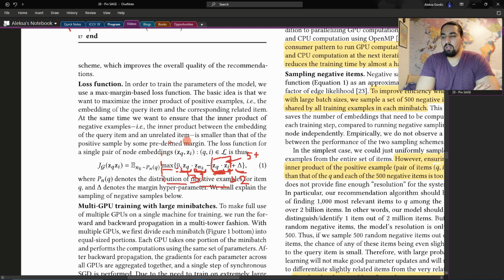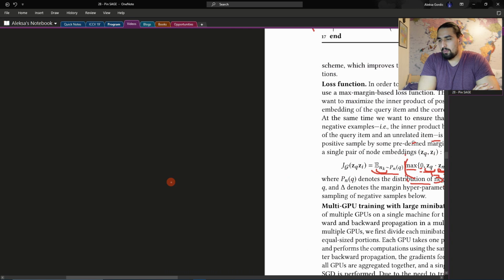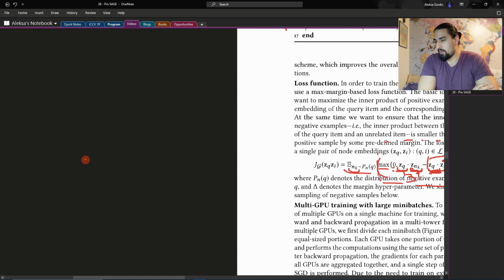Now, if you're like me, you were probably confused at one point in your life with this part, the expected value. What this basically says is that the higher the probability of a certain negative sample, the more important it is to minimize its associated term here. So let me try and visualize that. First, maybe a mathematical definition of what the expected value is. Maybe it will make sense for some of you.